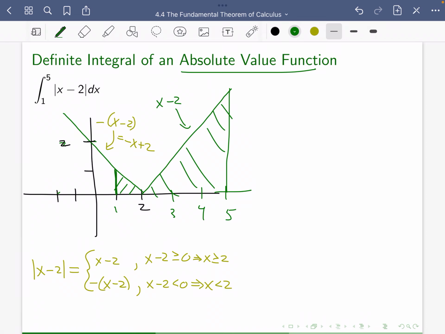So if we are going to then integrate this thing, we're going to integrate from 1 to 2 of negative x plus 2 dx, and then we're going to add to that the integral from 2 to 5 of x minus 2 dx.